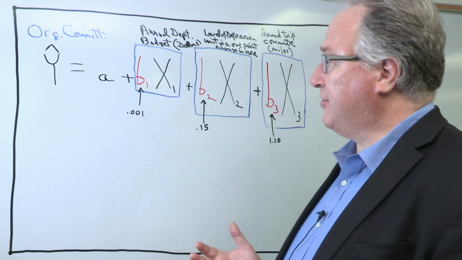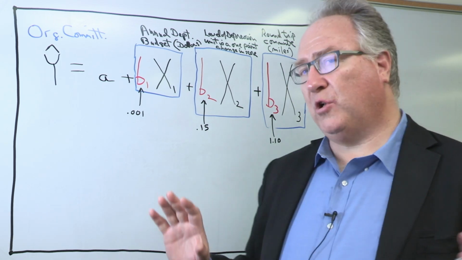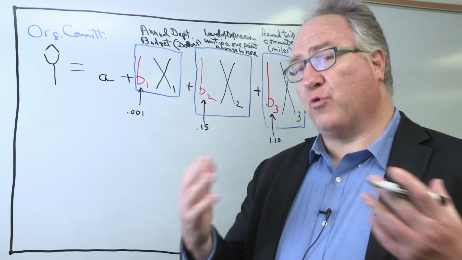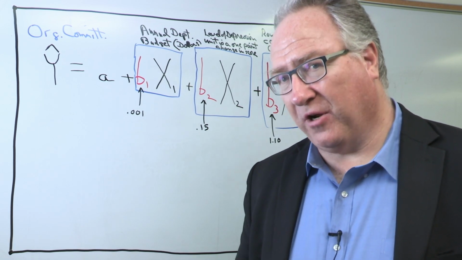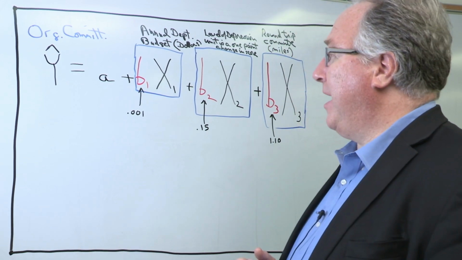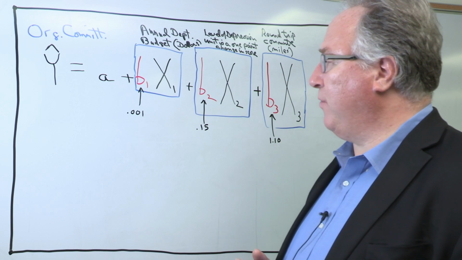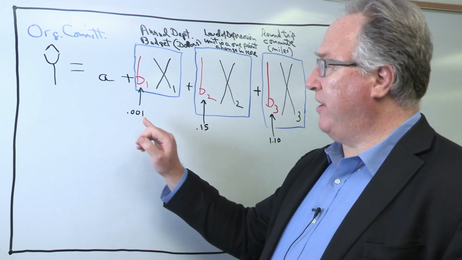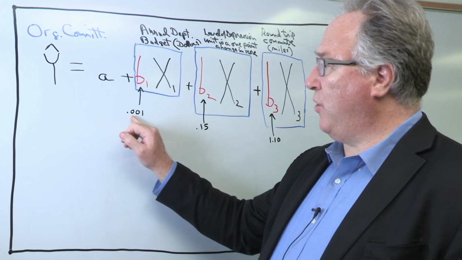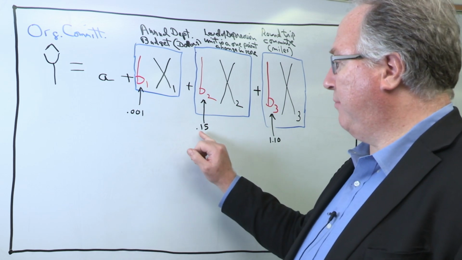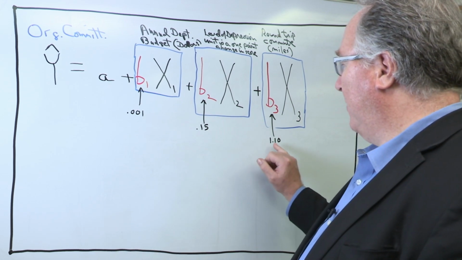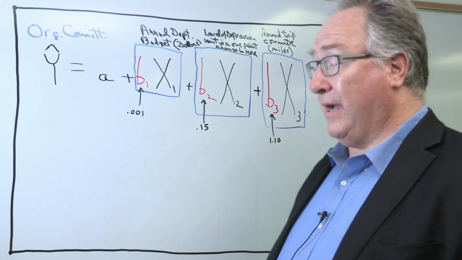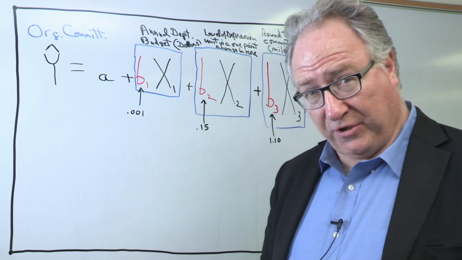Okay? And so let's look at the direction side of the relationship here a little bit more. Okay, so we have the strength because we have the number. And so the 0.001, the 0.15, the 1.10 speaks to the strength of the relationship.